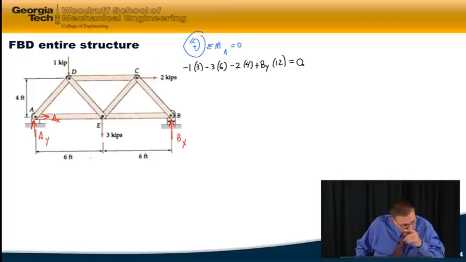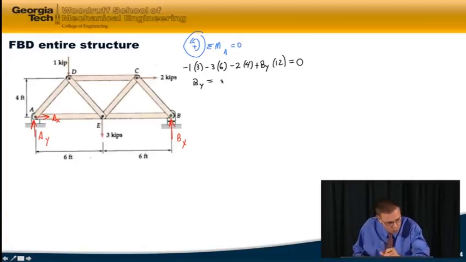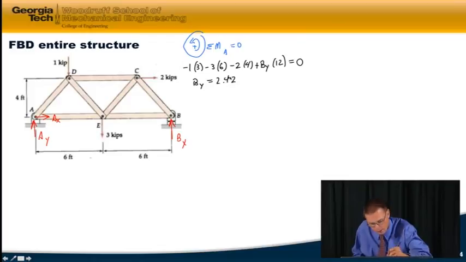So BY ends up equaling 2.42. And it's positive, so BY is 2.42 kips up on the truss.